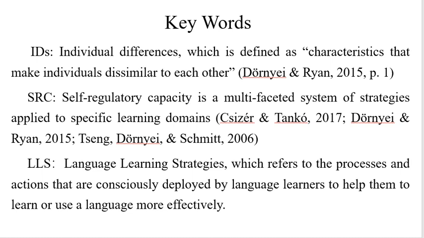Talking about the SRC, LLS cannot be ignored, because self-regulation and LLS may be regarded as two sides of the same coin. Language learning strategies refers to the processes and actions that are consciously deployed by language learners to help them learn or use a language more effectively.